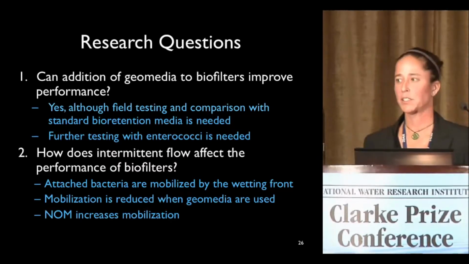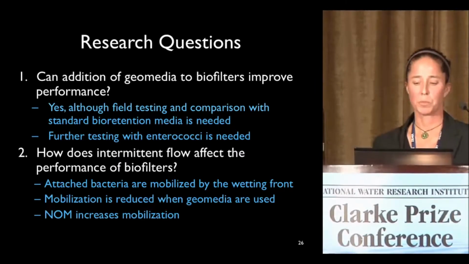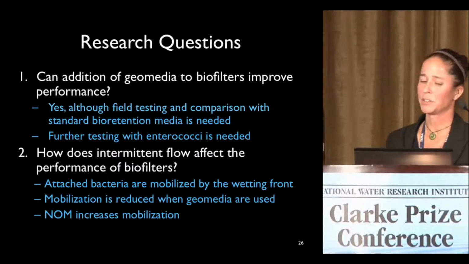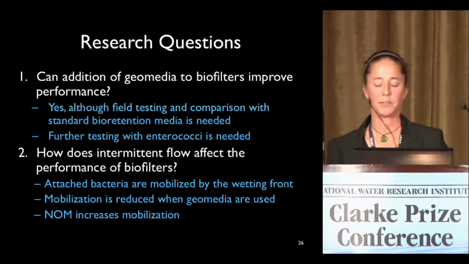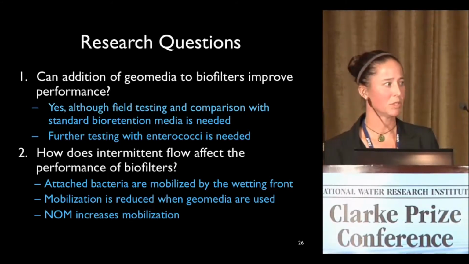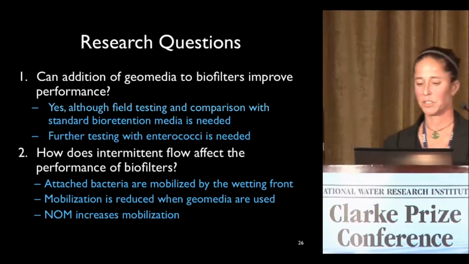And then further testing with enterococci, which is a gram-positive organism and also highly regulated in surface water, would be useful. And then for the intermittent flow events, we found that the attached bacteria can be mobilized by the wetting front during these unsteady flow events, and that mobilization can be reduced with the use of geomedia, but NOM is a problem because it does increase mobilization, and we know NOM is present at high concentrations in stormwater.